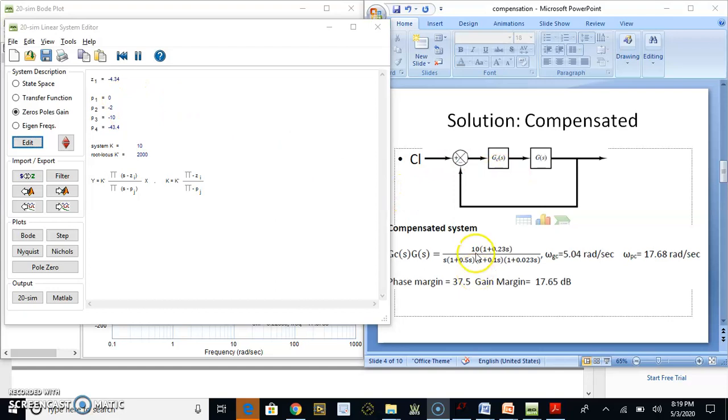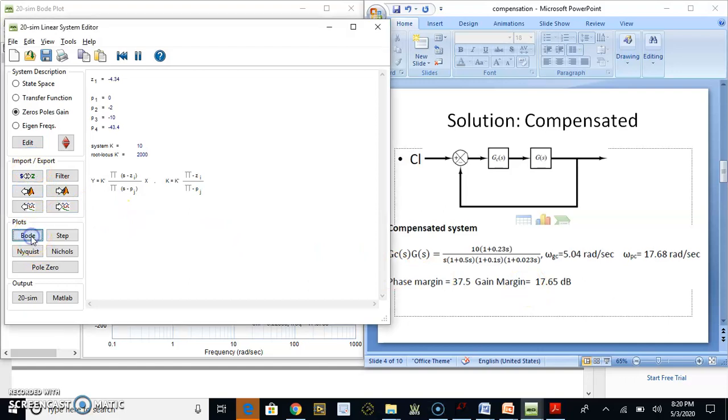We have a pole at the origin, at -2, at -10, and at -43.4, which is exactly 1 over 0.023, and a zero at 0.23 inverse, which is at -4.34. We are supposed to get a phase margin of 37.5 degrees and a gain margin of 17.65 dB.